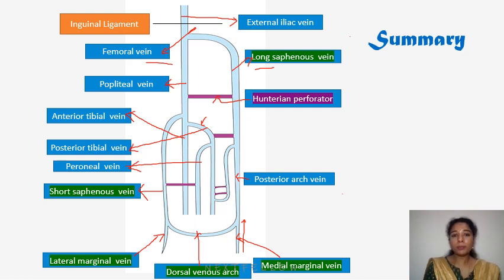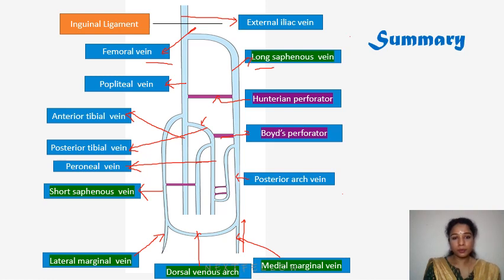Next, about the knee perforator or Boyd's perforator, which lies just below the knee. The great saphenous vein is connected with the posterior tibial vein. So this one is the Boyd's perforator. We can see it connects the great saphenous vein with the posterior tibial vein.